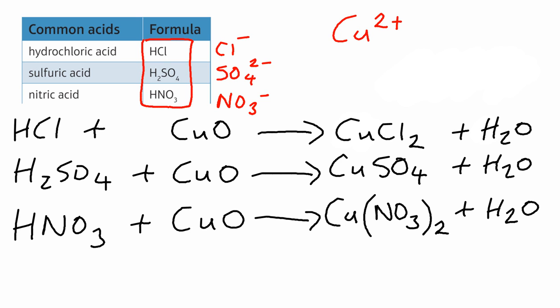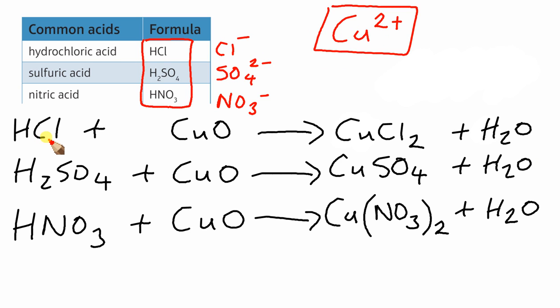Now you would have looked at these molecules when you were looking at ionic bonding, so they should be familiar. Meanwhile, our metal is copper 2+. So it's important that we get these charges to balance. Again, you've done that work previously with ionic compounds.